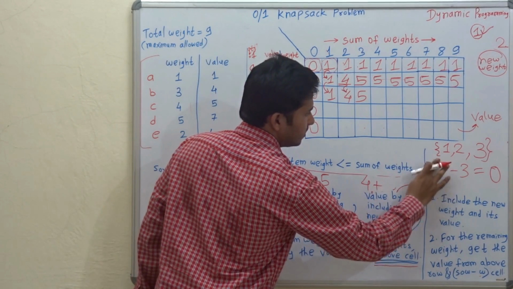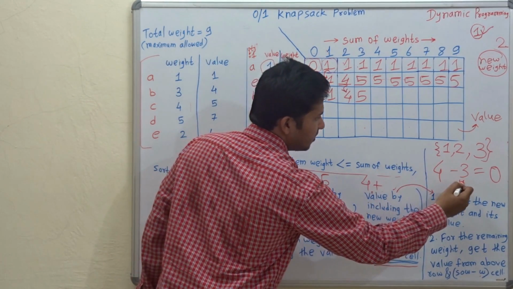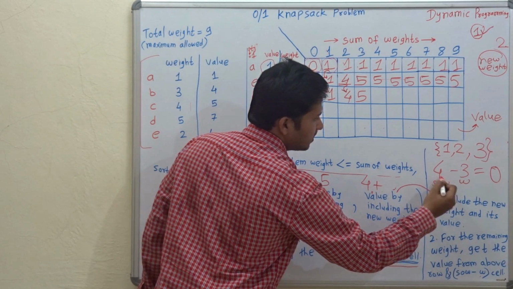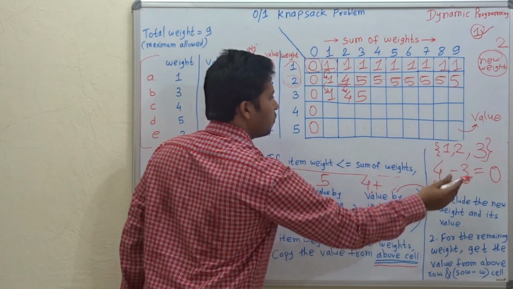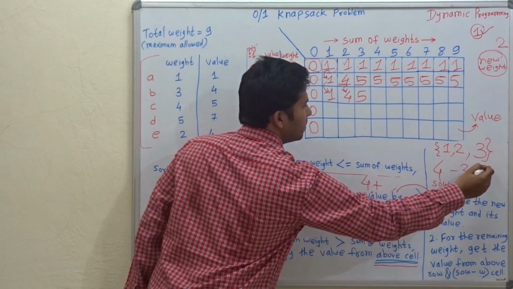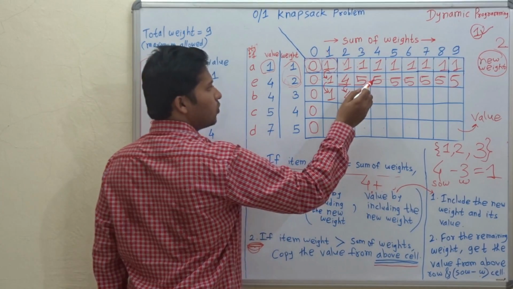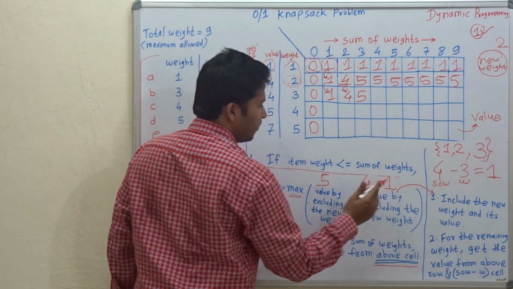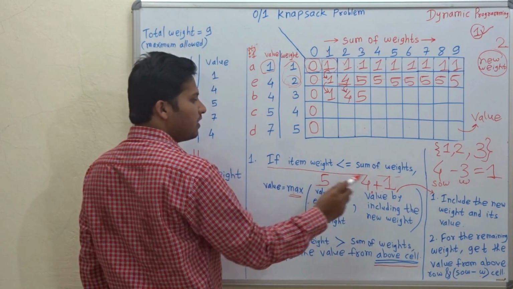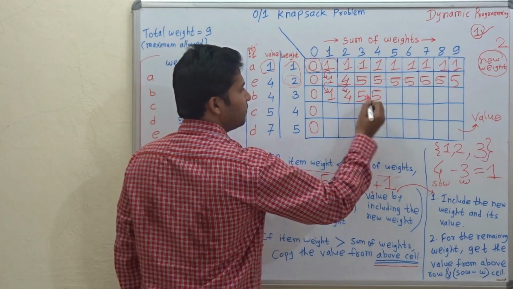See here, sum of weight is 4 and the current weight is 3. 4 minus 3 is 1. So in the above row, go to the first cell, that is 1, and add that value. 4 plus 1 is 5. Max of 5 and 5 is 5.